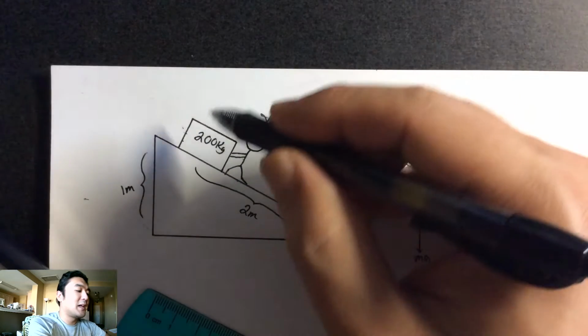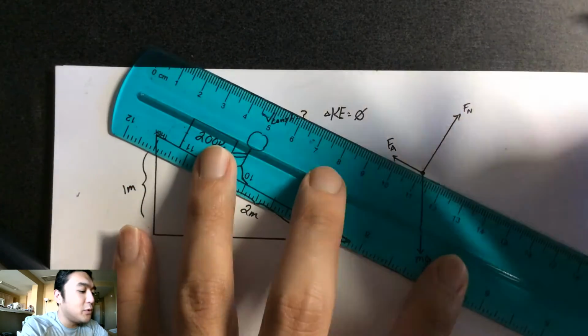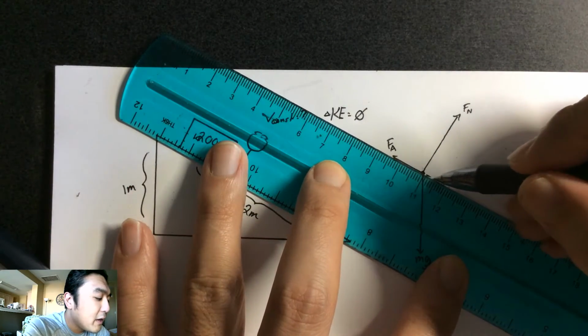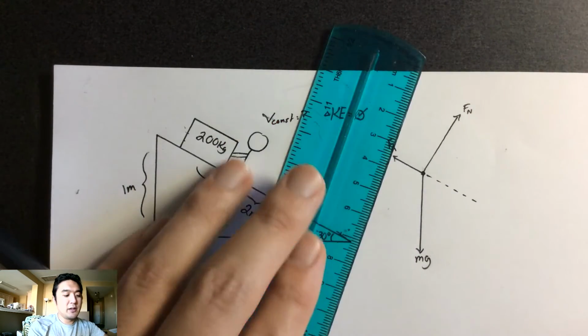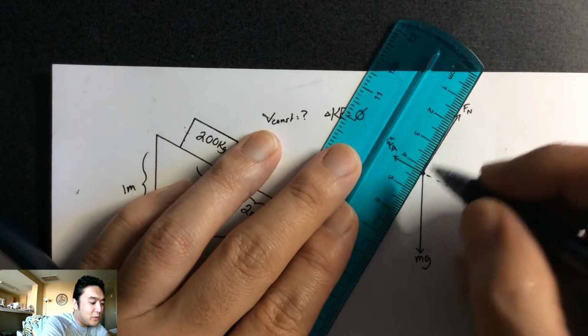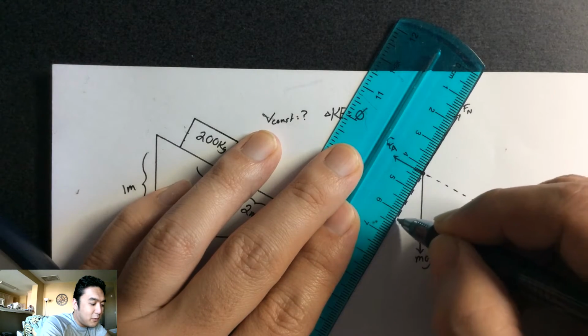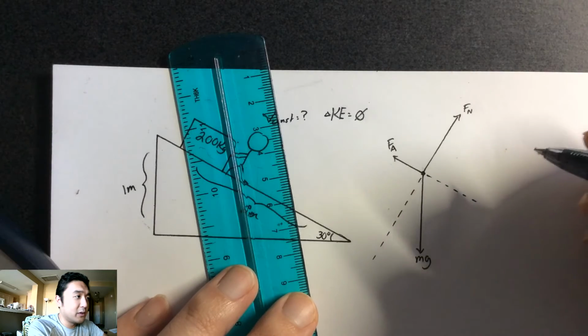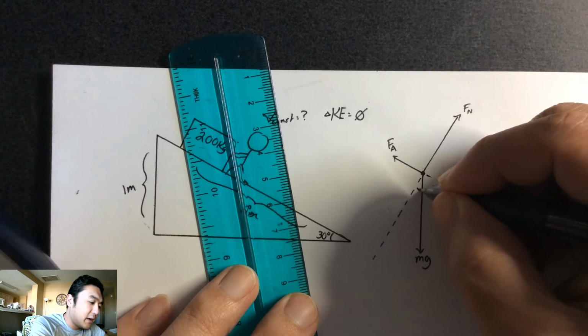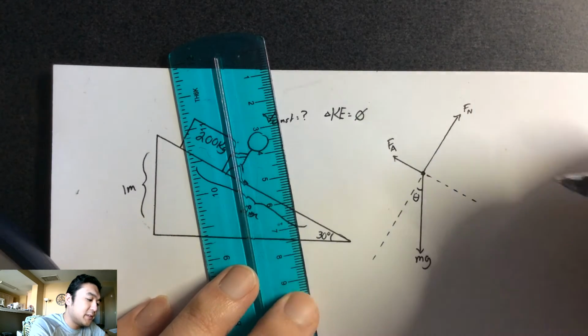So remember that this whole system wants to move down the inclined plane in this direction. And so if we have it going down in that direction, we want to break our forces into the components that are in that direction and totally perpendicular to it. And so here our angle would be our 30 degrees.